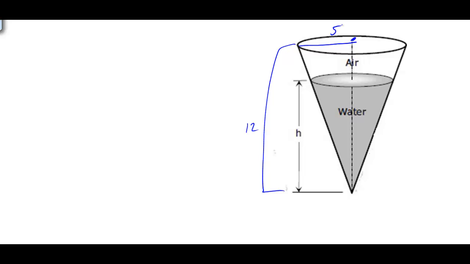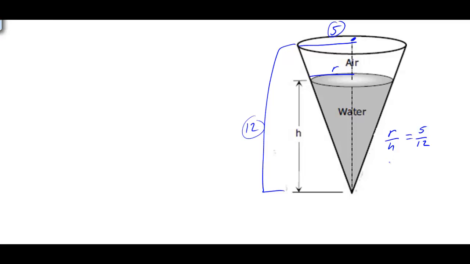So if we think of similar triangles here, if we're looking at this ratio of the radius to height, we know that the radius to our height would be equal to 5 to 12. Okay, so we know R to H is equal to 5 to 12.